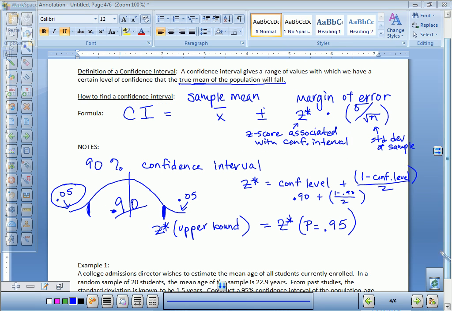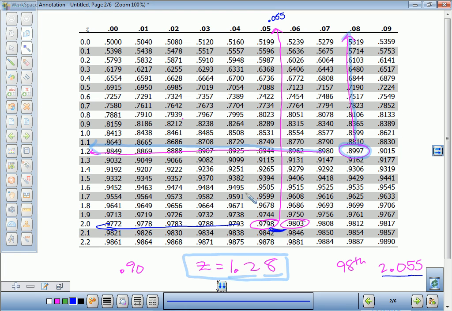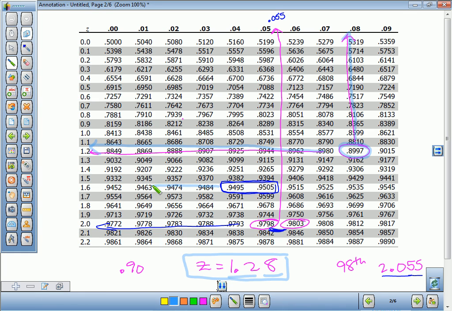Okay, now, this takes us back to last night's homework. We want the probability to be 0.95, so let's go back. Do we see that 0.95 is exactly halfway in between these two? So what Z-score goes with that? I'm going to come out this way, and I get the 1.6. I'm going to go up here, and it's halfway in between these two.